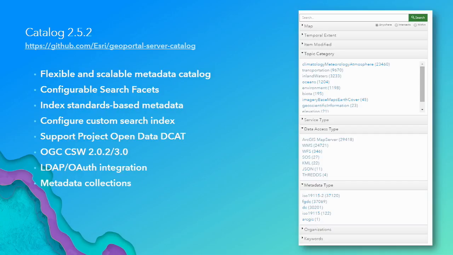Those facets have become the new and modern way to build data catalogs, right? So if you think about maybe 5-10 years ago, everyone wanted to do what Google does, a single box, and it has to be super smart, and you put in whatever you want, and it'll find what you need.